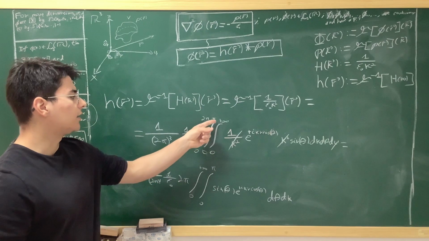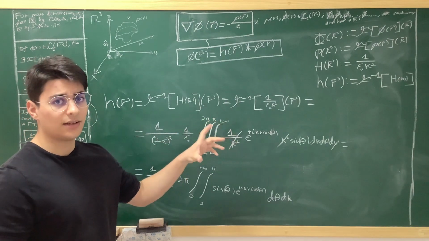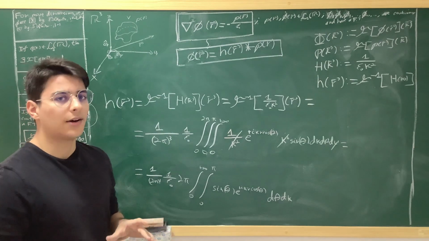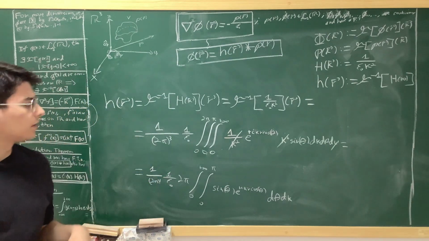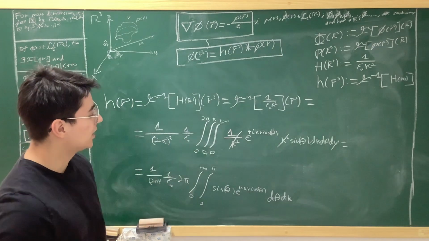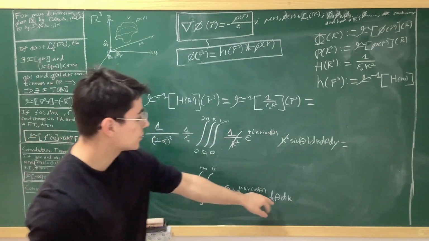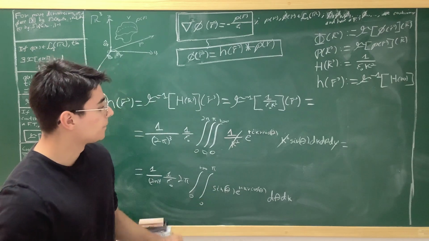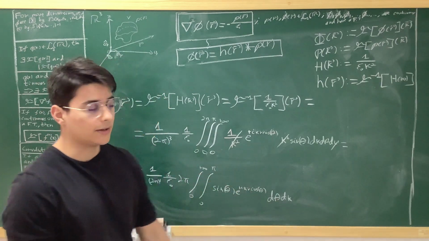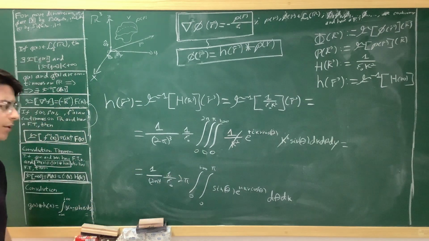Of course, if the limits had some functions in them, changing the order would be harder, and we would have to do some more things. But in this case, that's not the case, so we can just interchange them, of course interchanging the differentials, and now we are integrating first with respect to theta and then with respect to k. Why? Because it's going to be easier.